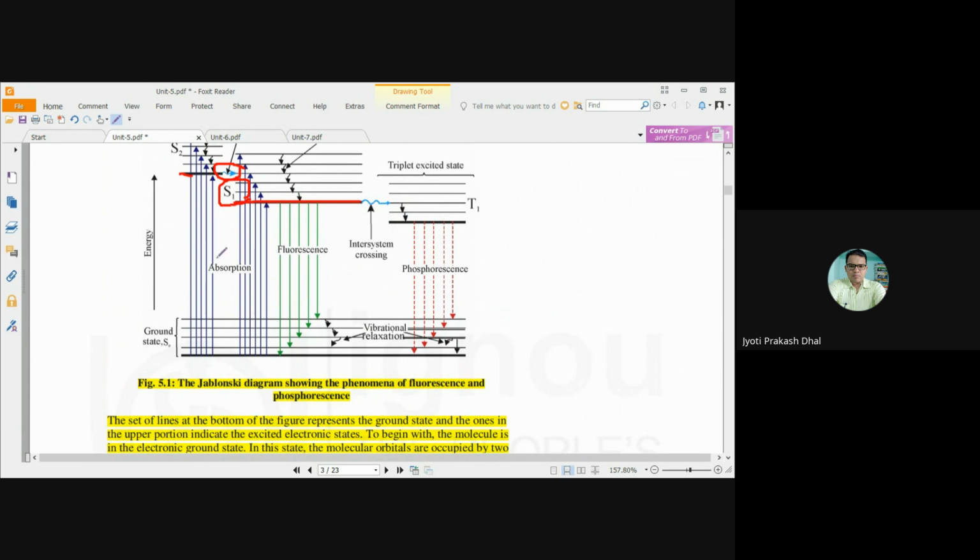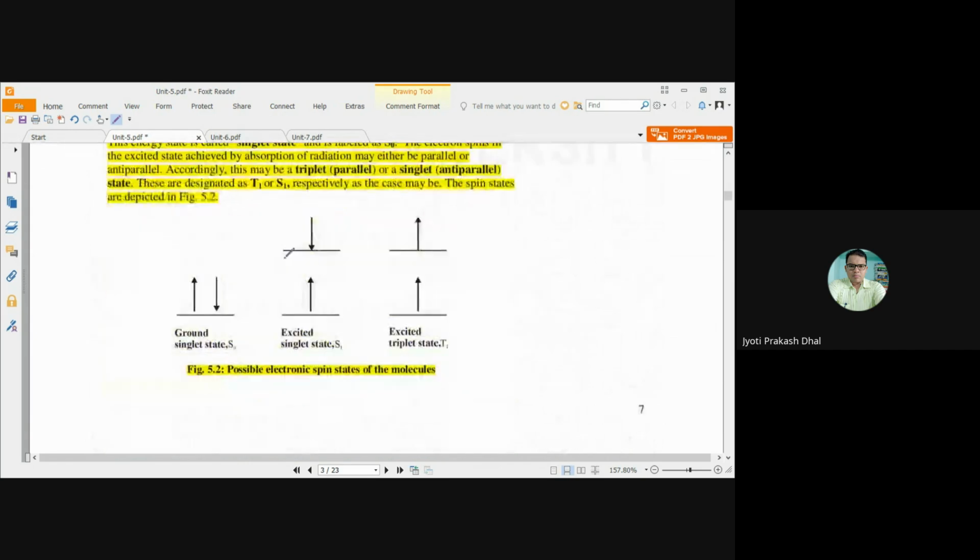That means if the molecule undergoes transition from S2 to S1, that is called IC, internal conversion, and if the molecule undergoes conversion from S1 to T1, that is called intersystem crossing, ISC. All these processes lead to a decrease of energy without any type of radiation.